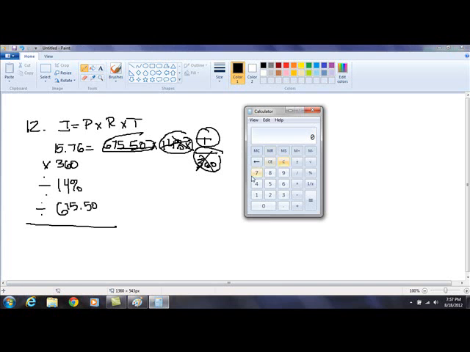So I bring out my calculator. 15.76 times 360 divided by 0.14 divided by 675.50 equals 59.99.